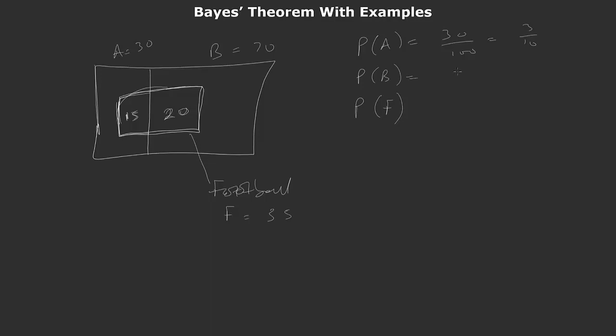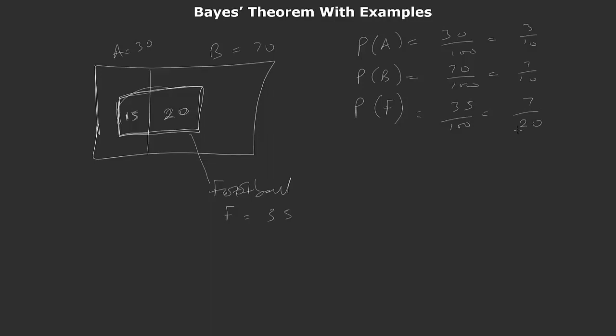What about the marginal probability of B? That's 70 over 100, which is 7 over 10. Then the marginal probability of football lovers, F, will give you 35 over 100, which is equal to 7 divided by 20.